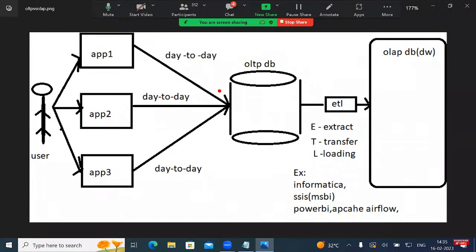For example, take Facebook. Does Facebook have the same number of users every day? No. Today 100 people are using it, tomorrow only 10 people, and the day after 1 lakh people can use it. It depends on the way people use it, and we can't say the usage is always constant. Today some people are using it, tomorrow some more, so there are ups and downs.